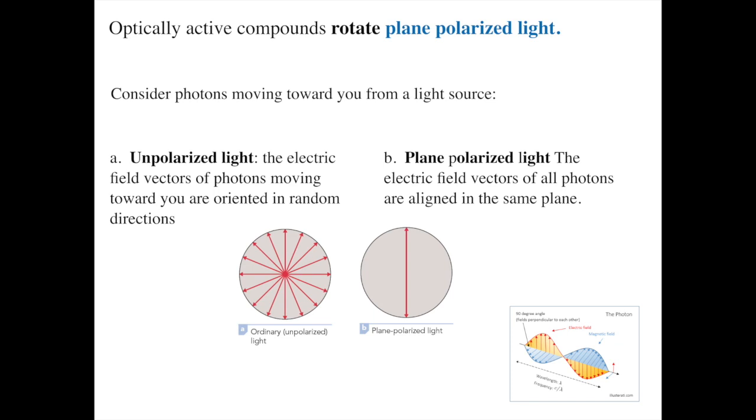So you'll get the whole range of angles for the plane in which the electric field vectors lie. There's no particular plane that's favored, as is the case with plane polarized light, where all of the photons of light coming towards you have their electric fields in one plane. They're oriented in the same direction.